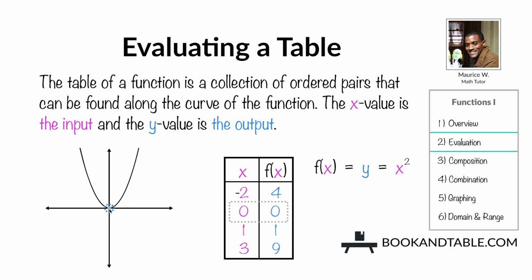So f of x has a value of 0 when x is 0, this point here. When x is 1, the function has a y value of 1. And when the x value is 3, the function has a value of 9. Okay, so that is how evaluating a table works.